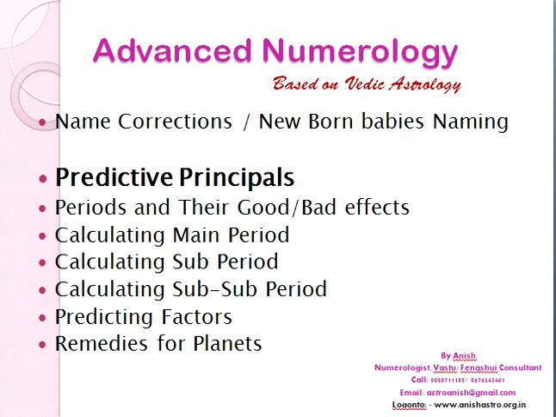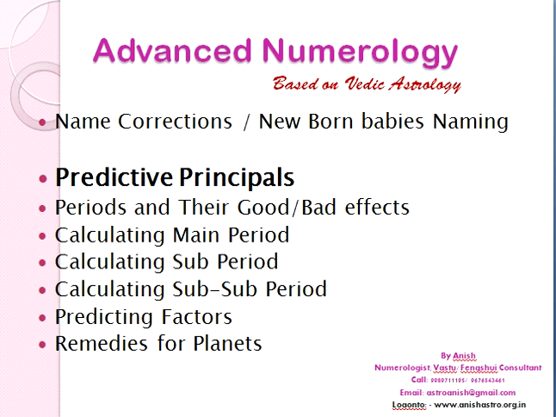After that, in the next session, we have to understand the periods and their good and bad effects. Every individual has to undergo various periods: there is the main period, the sub period, and the sub sub period.